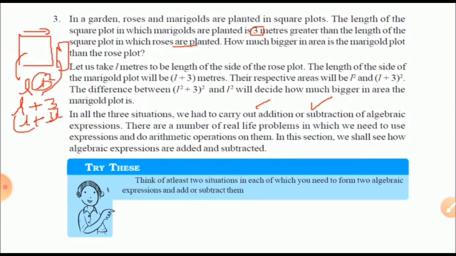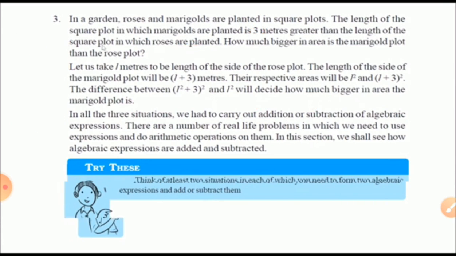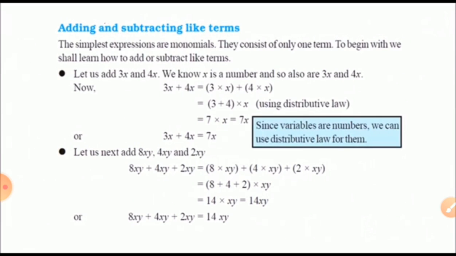There are a number of real life problems in which we need to use expressions and do arithmetic operations on them. Let's check it. Adding and subtracting like terms. The simplest expressions are monomials. They consist of only one term.